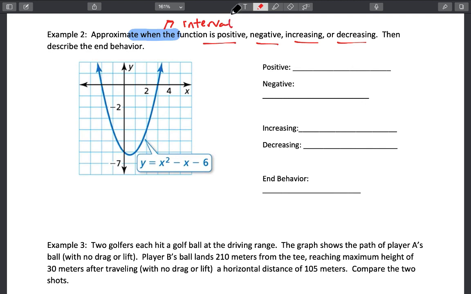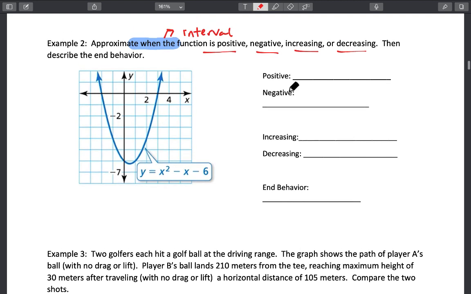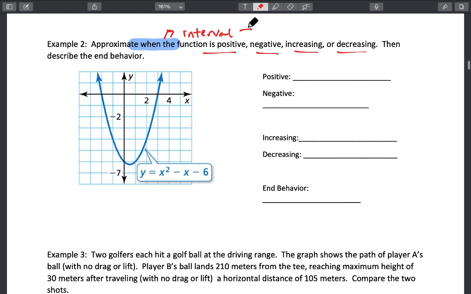Interval notation is this sort of notation here. You're going to list your minimum value with the less than or equal to sign, and then the x value, because our intervals are always going to be taken on our x-axis, is going to be less than or equal to our maximum value. We'll show you what we mean here.